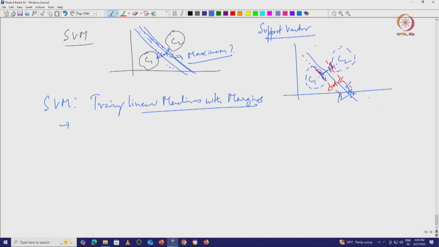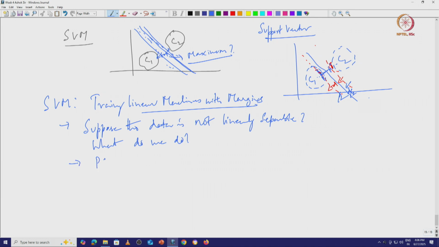Let us look at one interesting case. Suppose the data is not linearly separable. What do we do? What motivation do we have? We have motivation from PCA. PCA looks at given data in Rn, and looks for a representation of the data in Rk where k is much less than n.